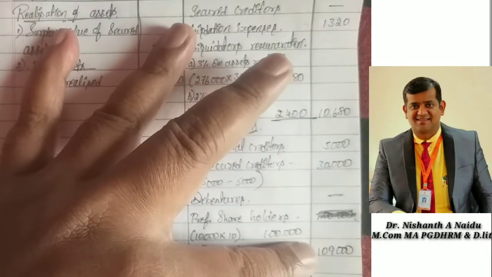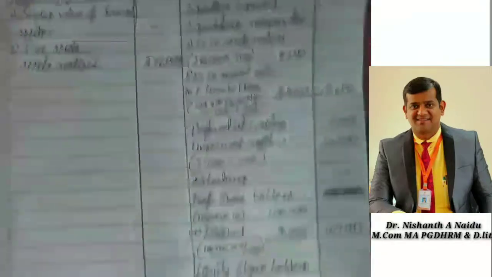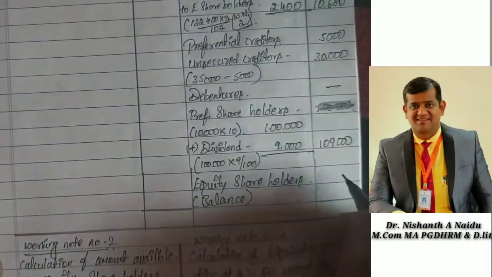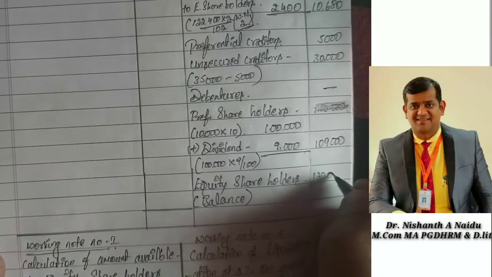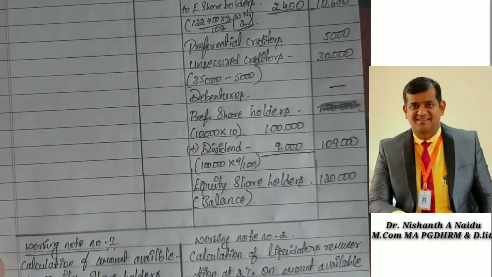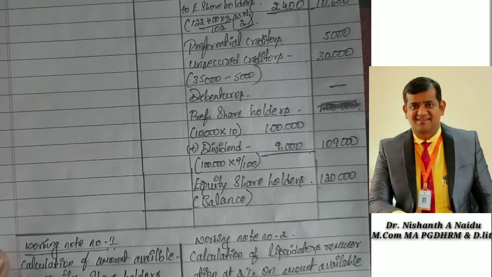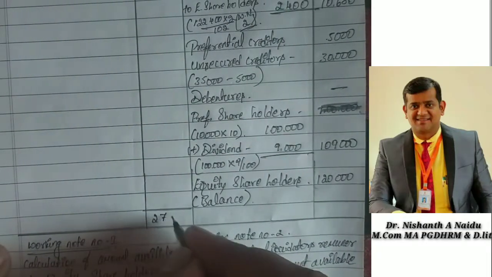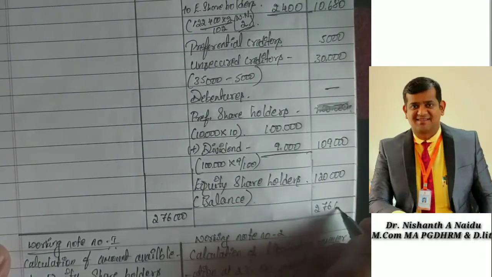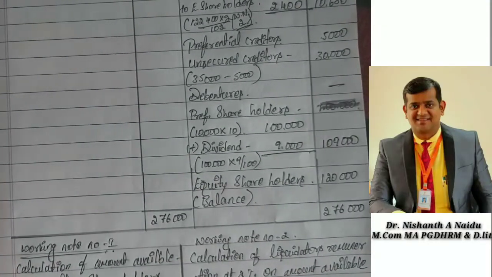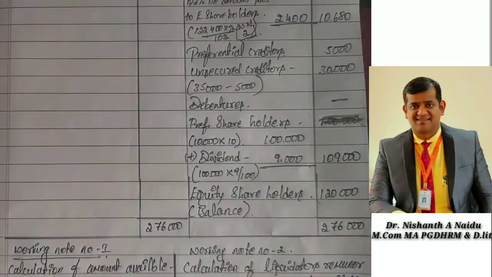So left out is 1,20,000. So the balance which we are distributing among equity shareholders is 1,20,000. So both sides total is 2,76,000. Okay, so we are done with the problem.